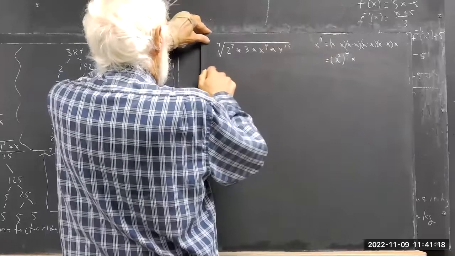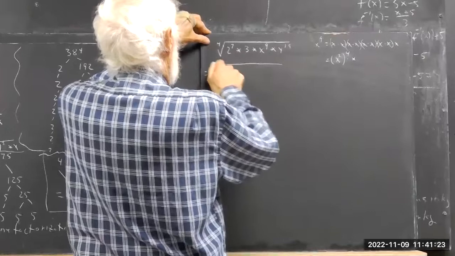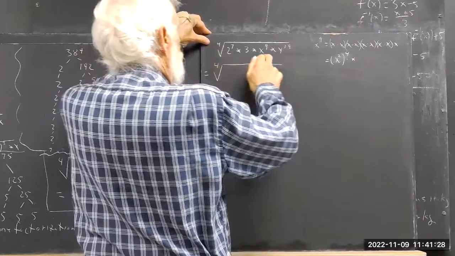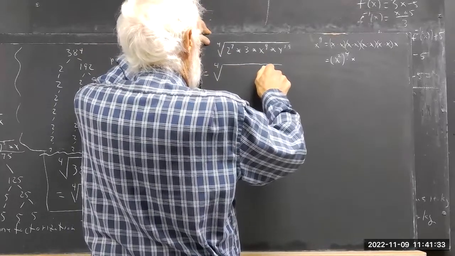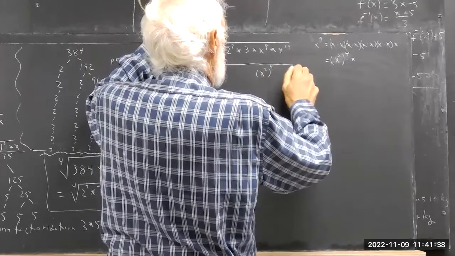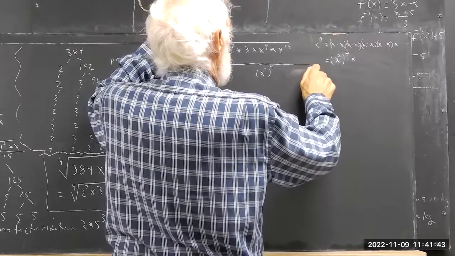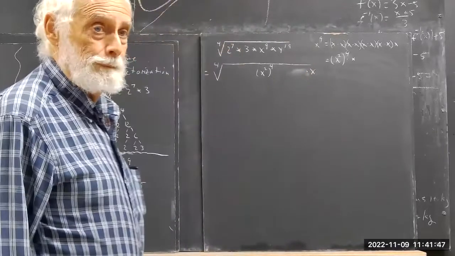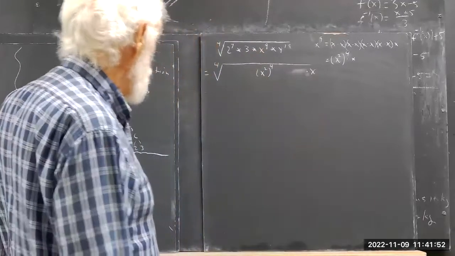So I can write this as the 4th root of, well, I'm going to do something with 2 to the 7th also, but I'm going to do the x to the 9th, and write that as x squared to the 4th. I'm going to put my x out here at the end, giving myself a little more room in case I've got other stuff. So now I've got my x to the 9th in there.